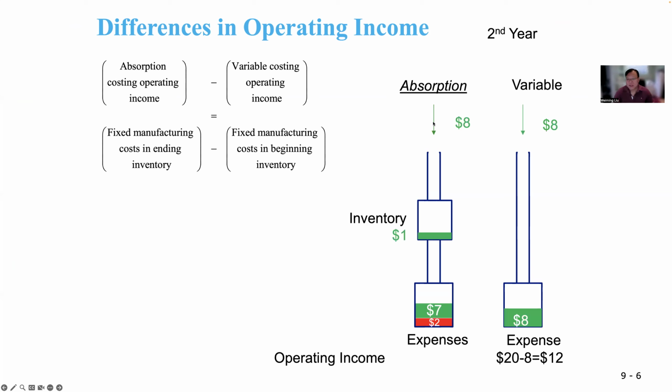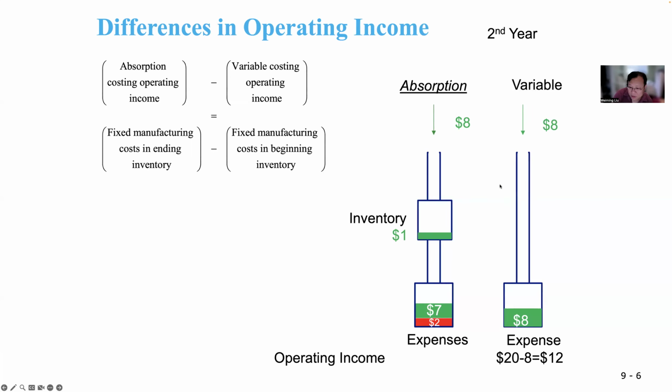Under absorption costing, suppose that you sold all the production from the first year, and you sold 7 out of 8 of your second year production. In our assumption, we sold the remaining production carried from the first year. In addition, we sold 7 out of 8 of second year's production.